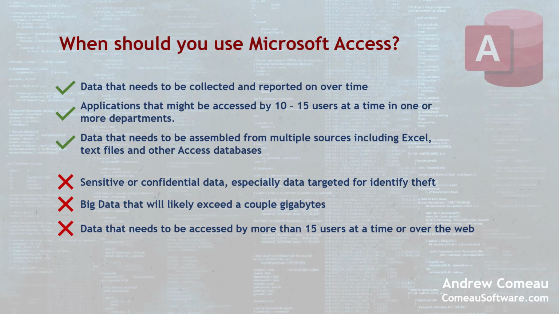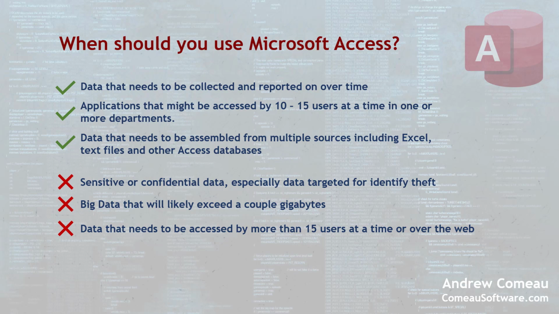And finally, Access is not really designed to handle large numbers of concurrent users. In other words, you don't want a lot of people in the database at the same time. Now, if you are anticipating that you're going to have a lot of people around the company using the database, but probably only have like 3 or 4 or 5 in the database at any given time, that's fine.